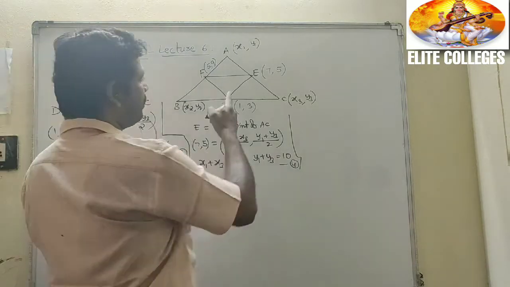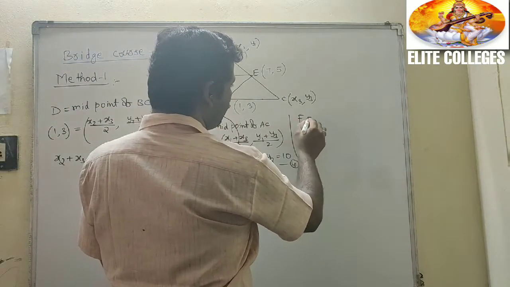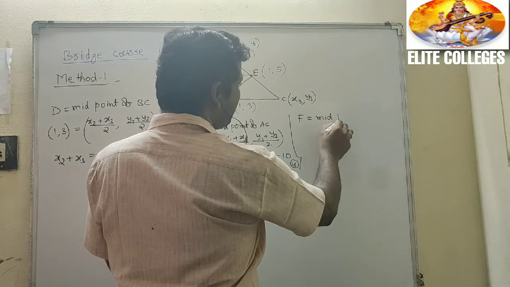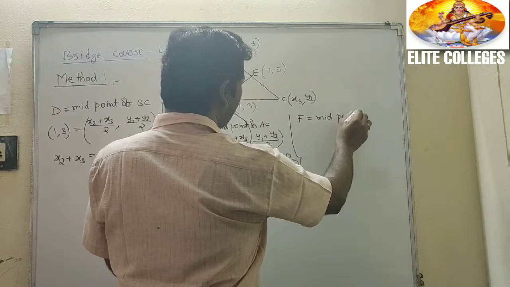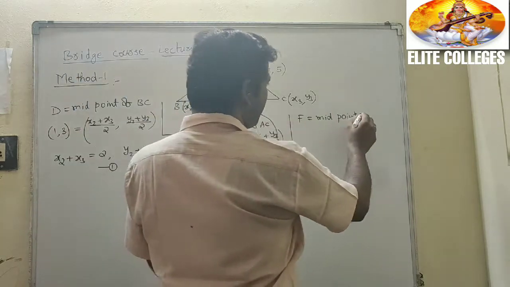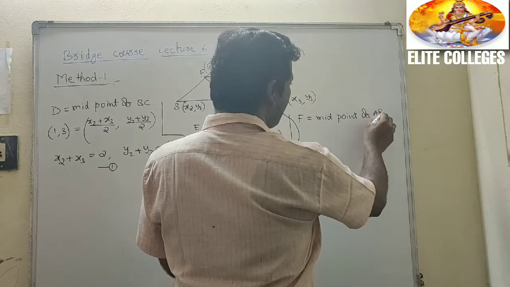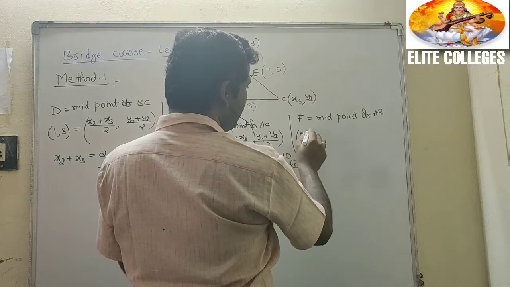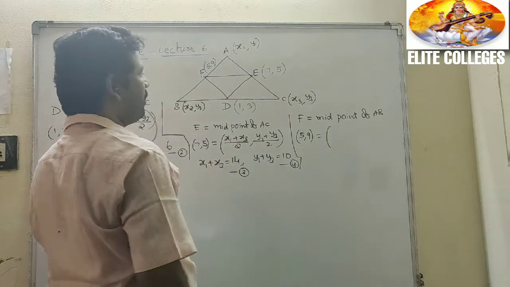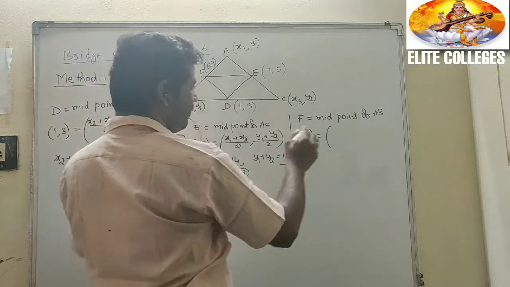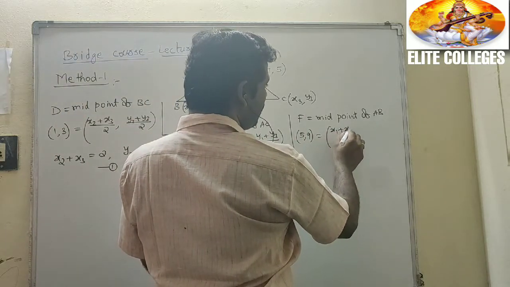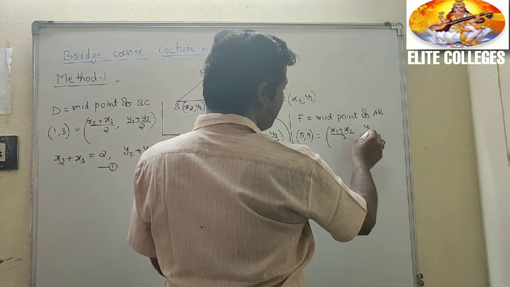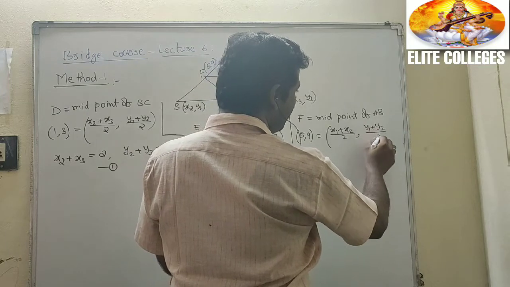Right? Next, what about F? F is the midpoint of AB. F is the point (5, 9), equal to the midpoint of AB: ((x1 plus x2) by 2, (y1 plus y2) by 2).